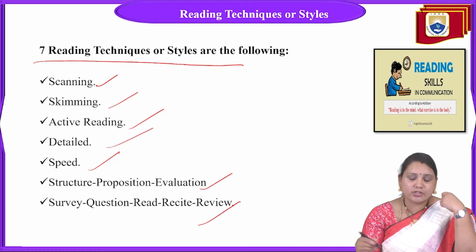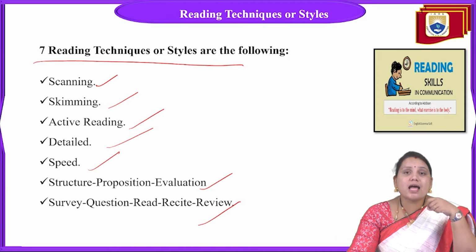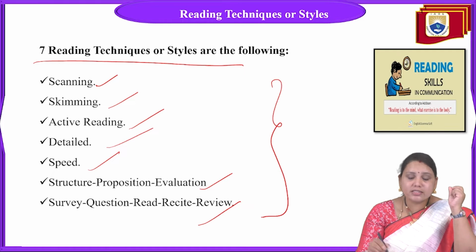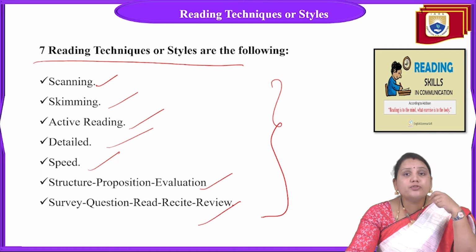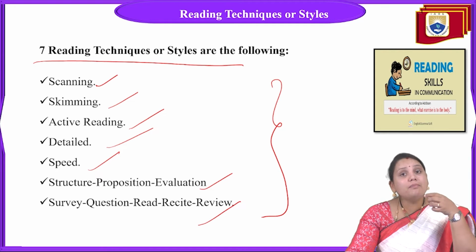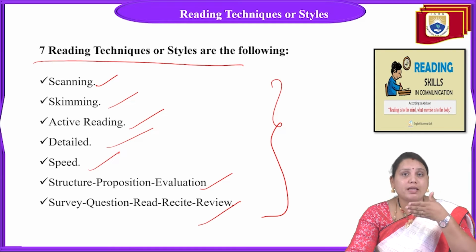Next, survey, question, read, recite, review. We basically have these 7 techniques which will help us make the reading style effective. Depending on the situation, time and the purpose of your need for the information, these styles can be applicable.